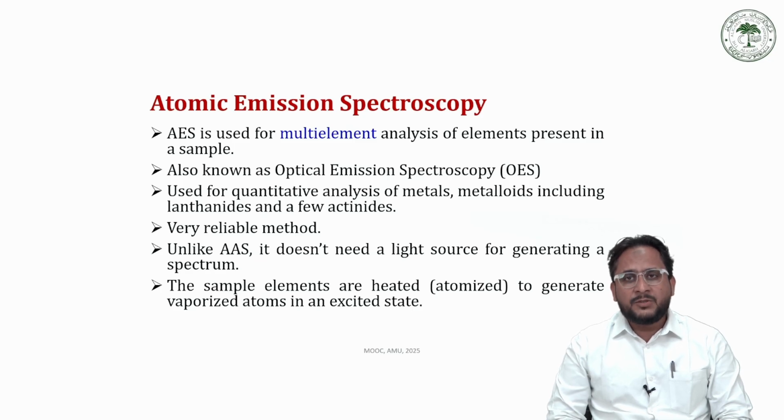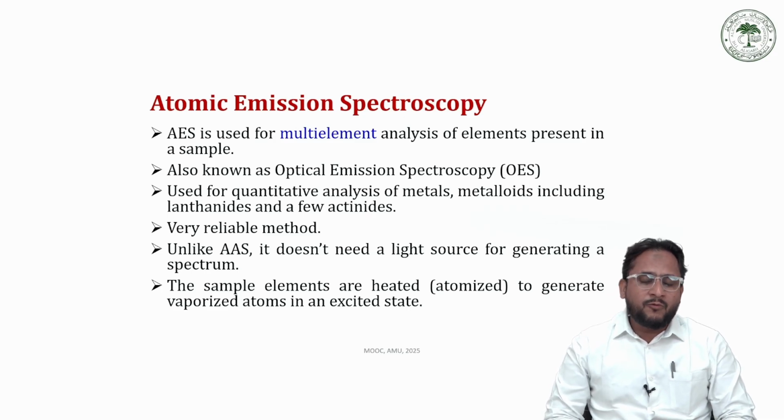This atomic emission spectroscopy is a multi-element analysis technique which can be used even for certain elements for which atomic absorption fails to provide reliable data. For example, in case of atomic absorption, we cover the alkali metals, alkaline earth metals, and transition metals, and the scope of AAS is limited to 50 to 55 elements of the periodic table only.